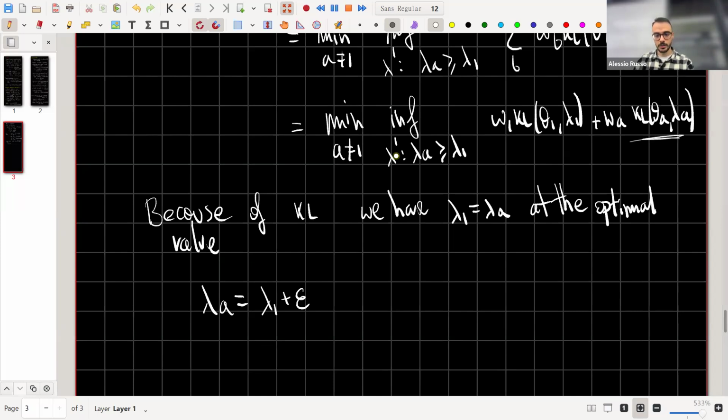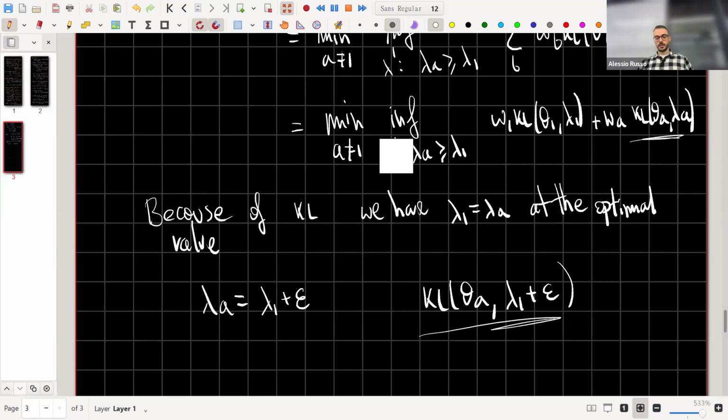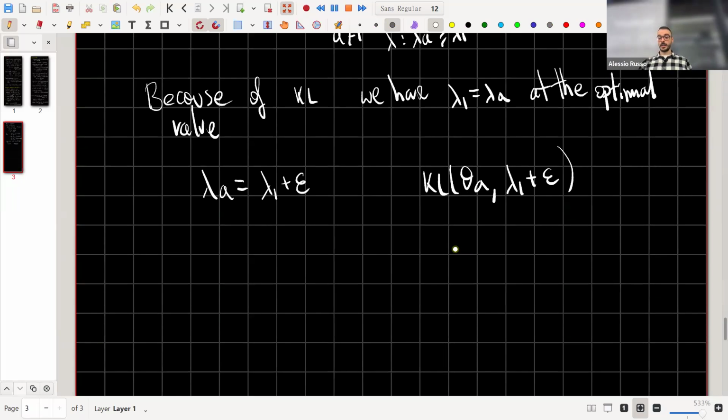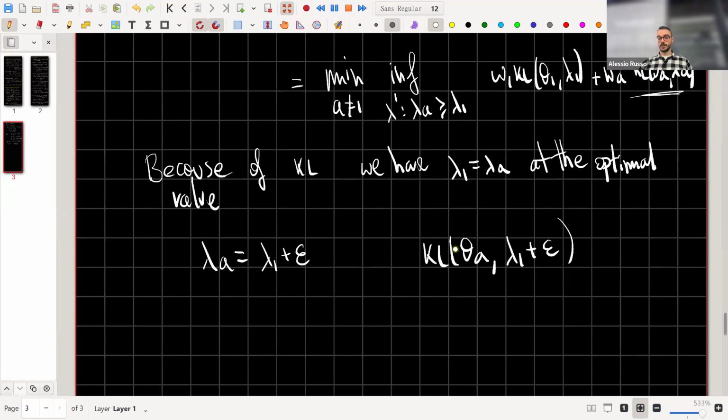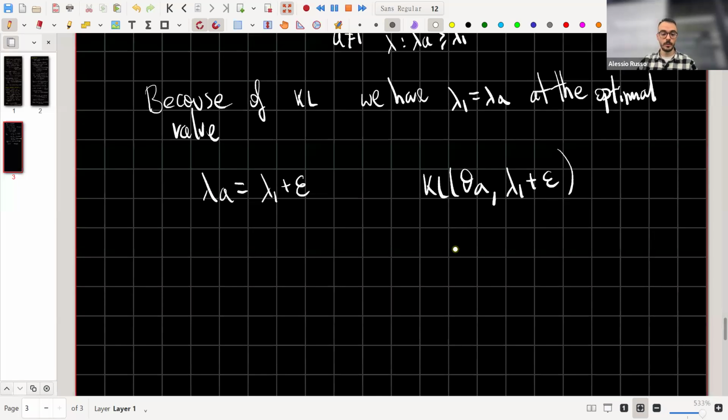In this second term, we would have this quantity here. But since lambda 1 plus epsilon is bigger than theta A, removing the epsilon can make this quantity smaller. So we can let epsilon tend to 0, and we must have lambda A equal to lambda 1 at the optimum.